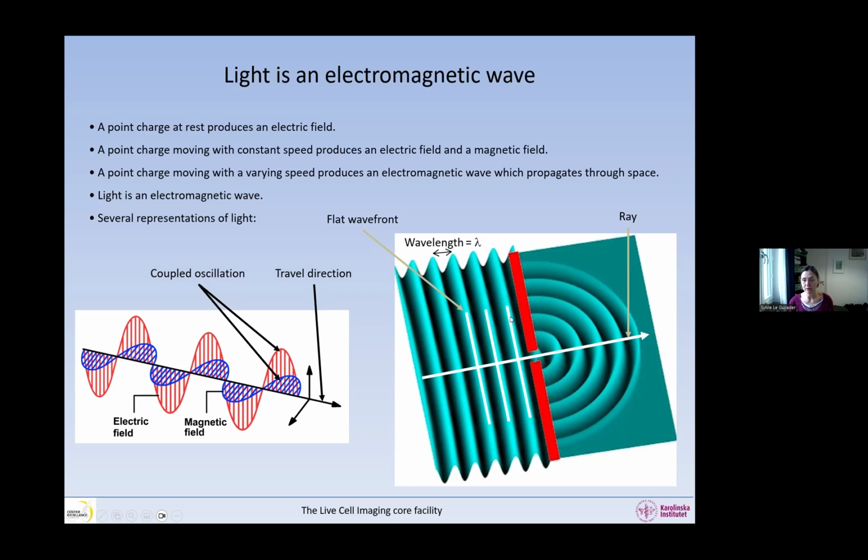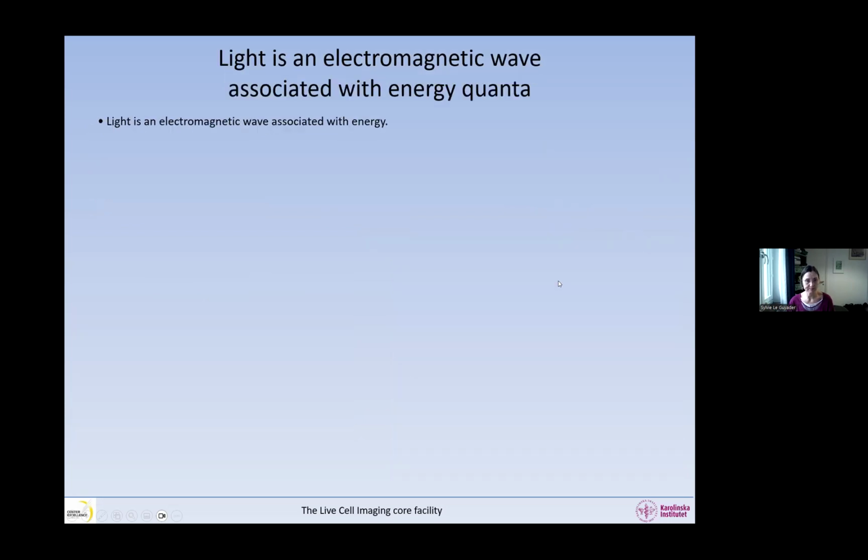In the wave front, we draw a line on the top of each of the waves. Here we have a flat wave front, so the lines are parallel and straight. But here we have a curved wave front. So we're going to talk about these different ways. I will use each of them, wavelengths, rays, or wavefronts, in these lectures.